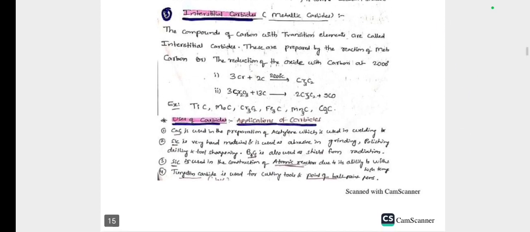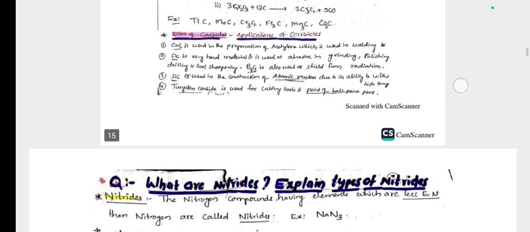Next, carbides. In carbides, at least remember the headings: ionic, covalent, interstitial carbides. Headings and at least 2 examples. Reactions are not important. Just remember the headings and examples. Use is also important.